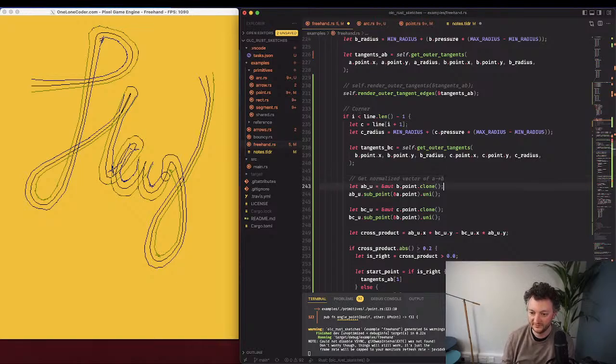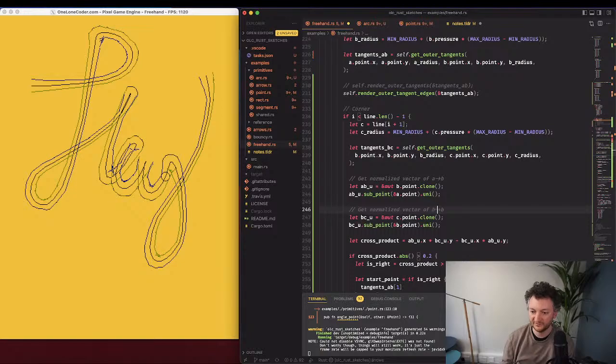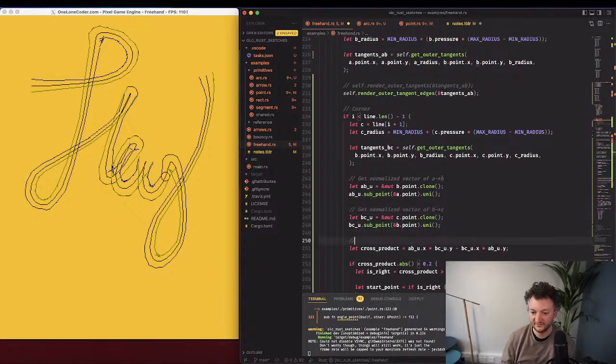A to B, normalized vector B to C, find cross product of... yeah. Get my notation correct.